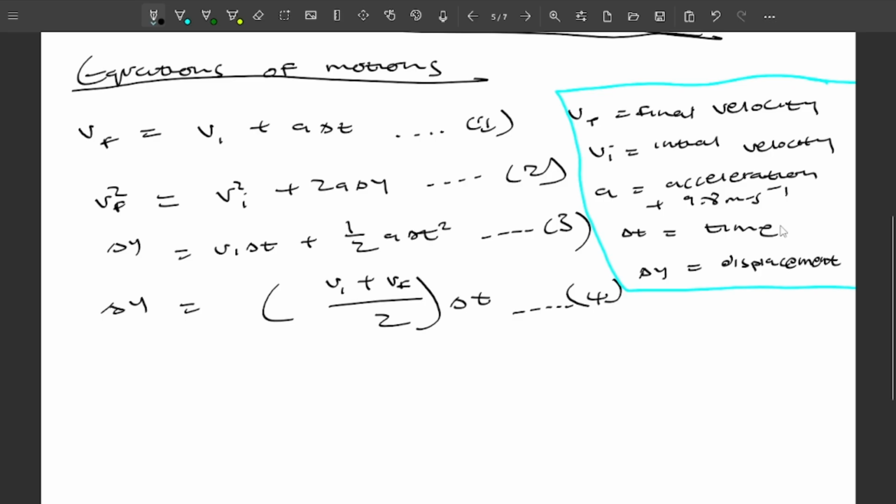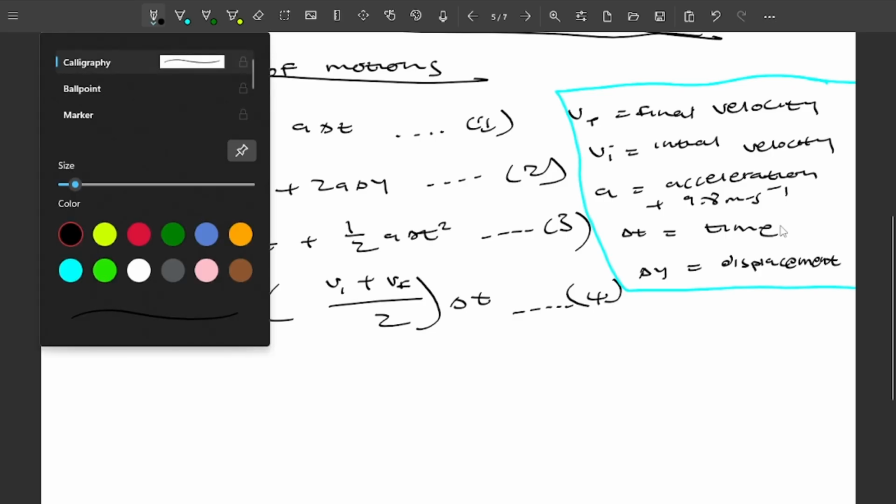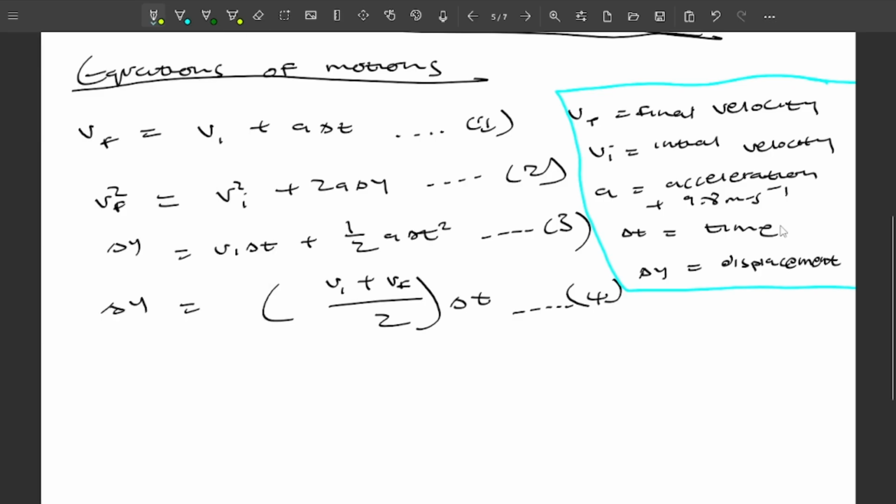Now for velocity, I'm going to use a different marker. Let me just use yellow. Velocity is meters per second, right? Acceleration is meters per second squared, and then displacement is meters, right?